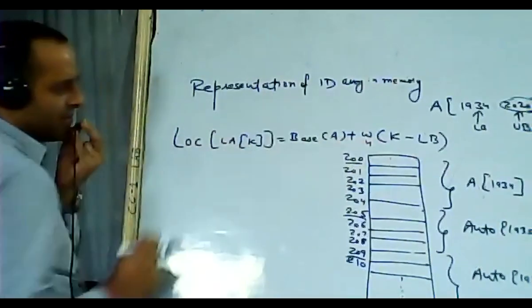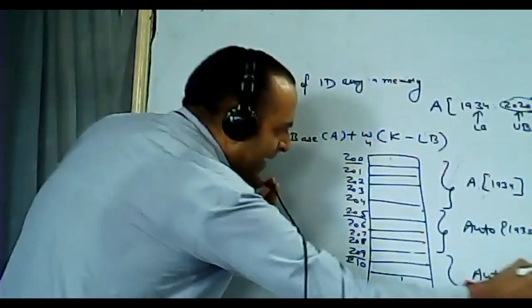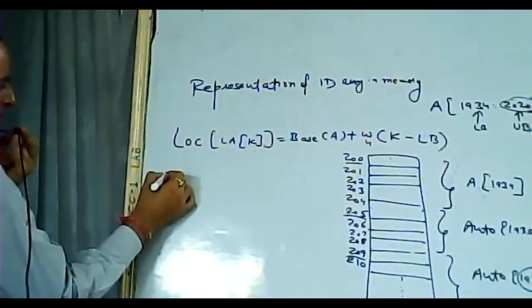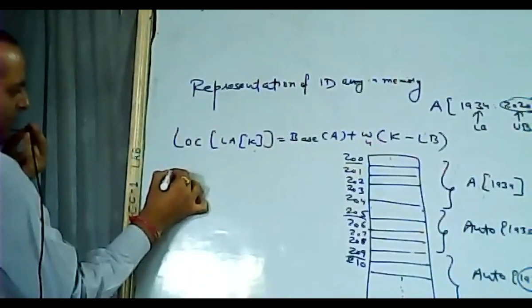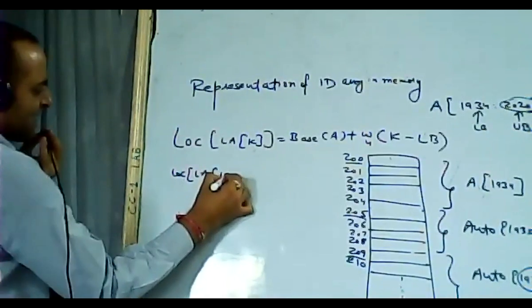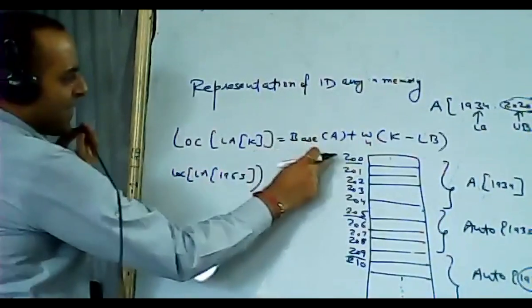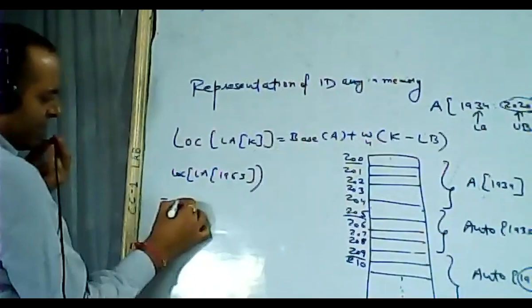But what if I tell you this formula will tell me the answer? तो बेस एड्रेस किसका निकालना है? K क्या है? जो ऑटो नंबर K क्या है जिसका निकालना है? Location of LA, linear array of 1965. K is 1965, जिसका निकालना है. Yes. Base address, the first address, that is here, 200. W is 4.